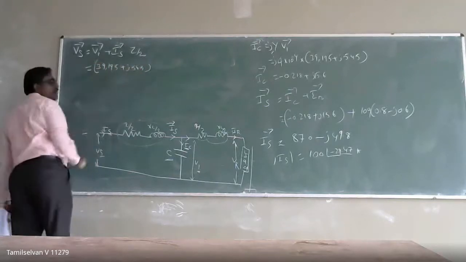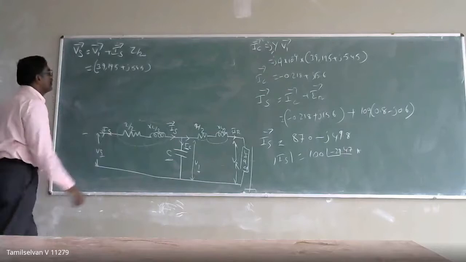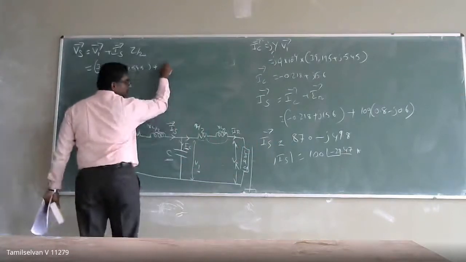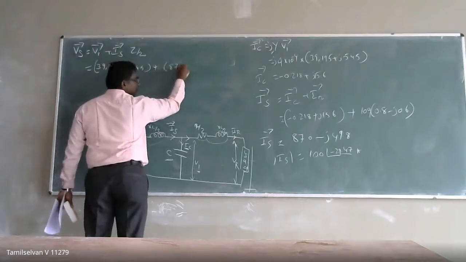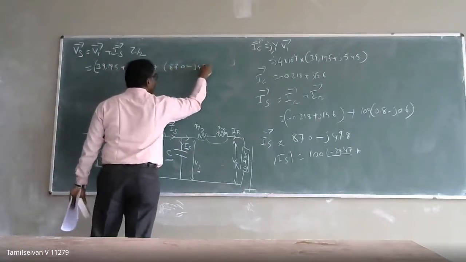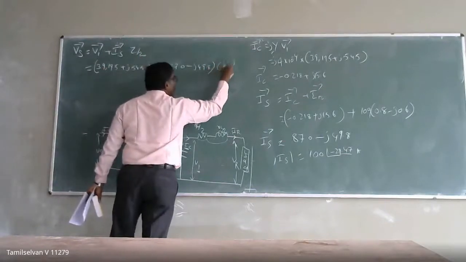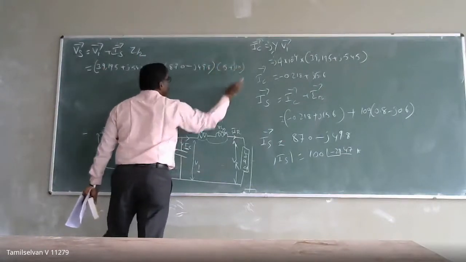So this is my V1 value, plus the current. Current Is is nothing but 87.0 minus j49.8.